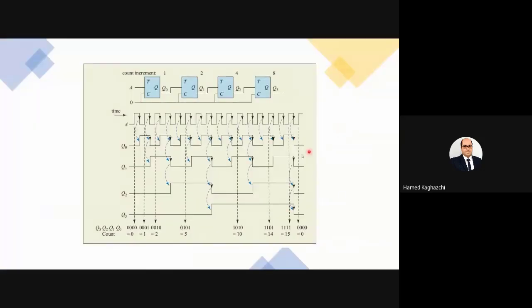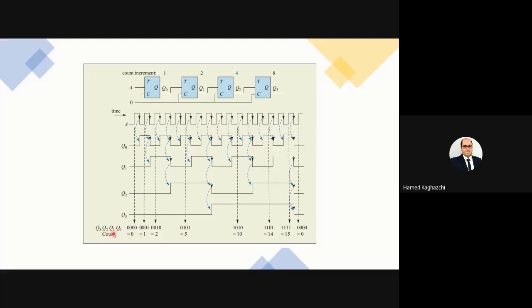Now here I want to show you how we can count from 0 up to 15. Suppose that I have 4 bits, Q3, Q2, Q1, and Q0. I want to count with 4 bits.